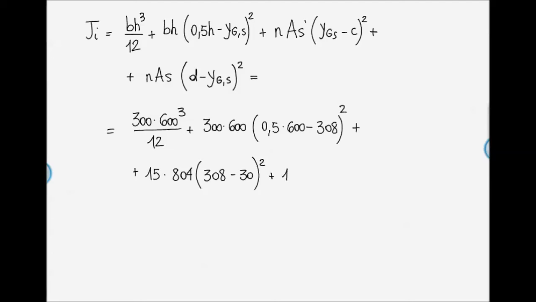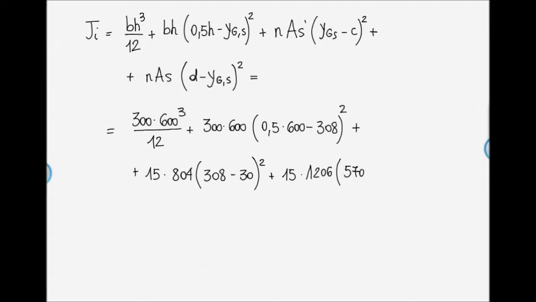plus 15 by the tensile reinforcement area, which is 1,206. That multiplies the distance from the tensile reinforcement to the centroid of the homogenized cross-section, also in this case.